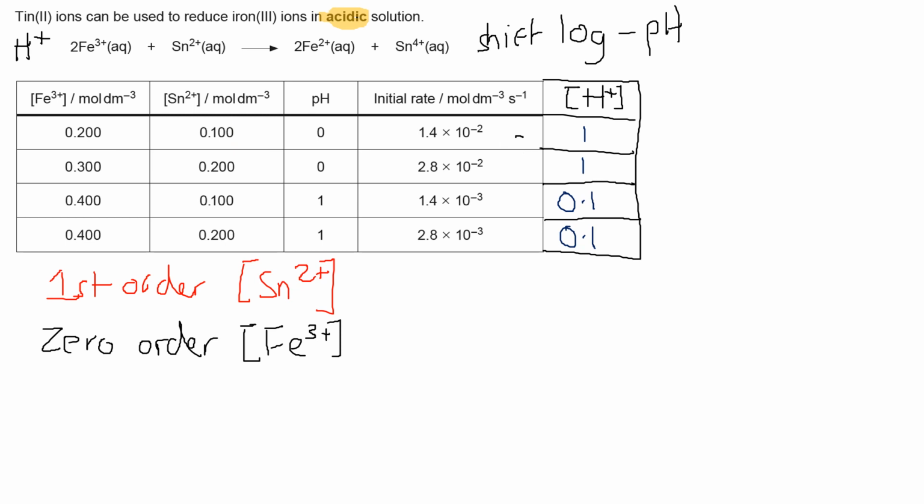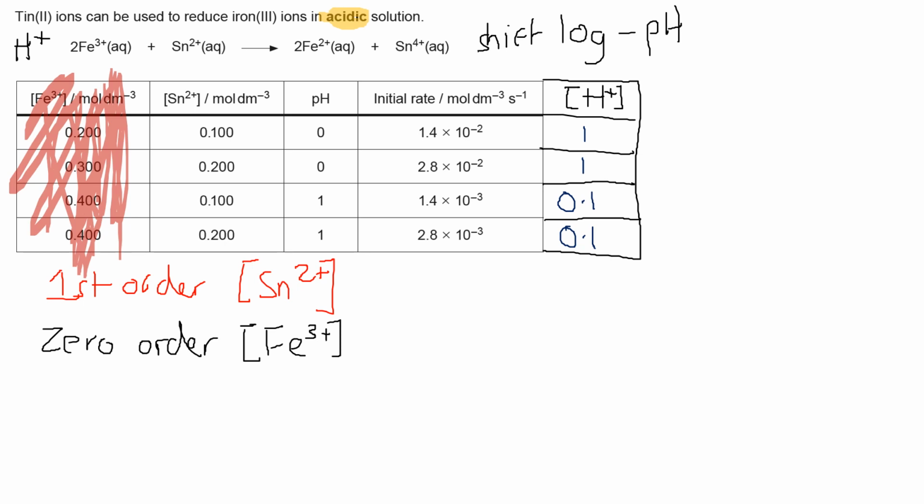We want to work out now the order with respect to H+. Well, because we said it's zero order with respect to Fe3+, we can ignore this now. We don't care about it. It's irrelevant. It has no influence on the rate at all.